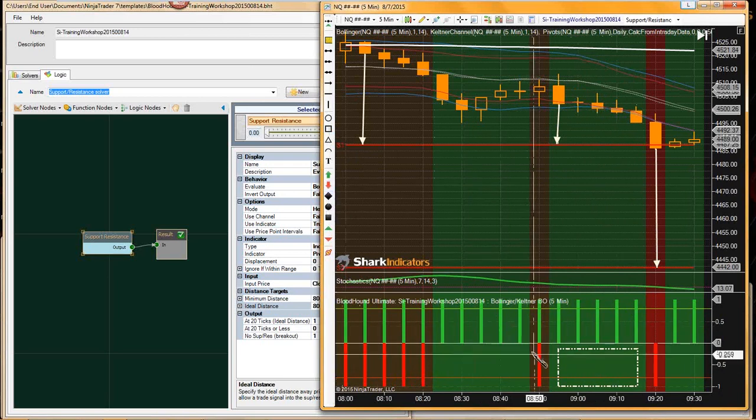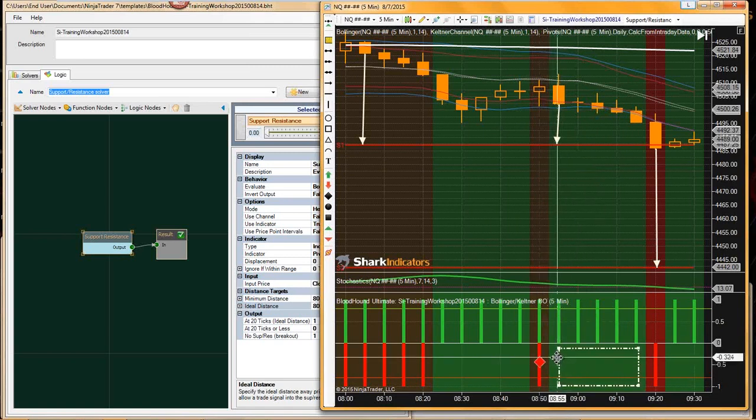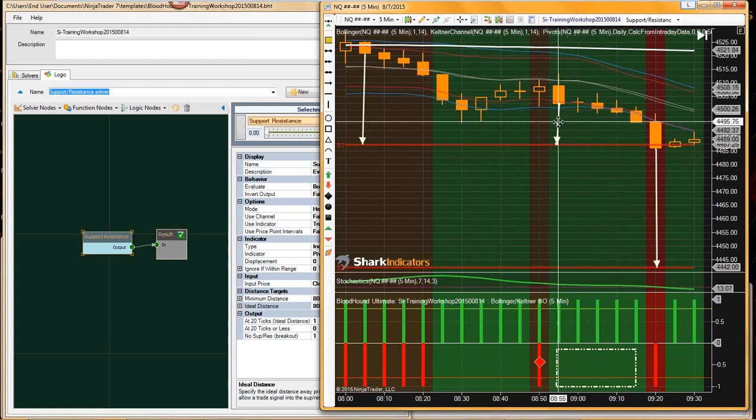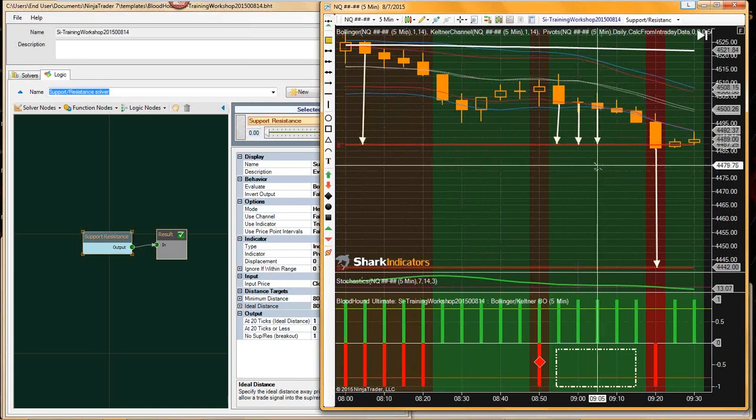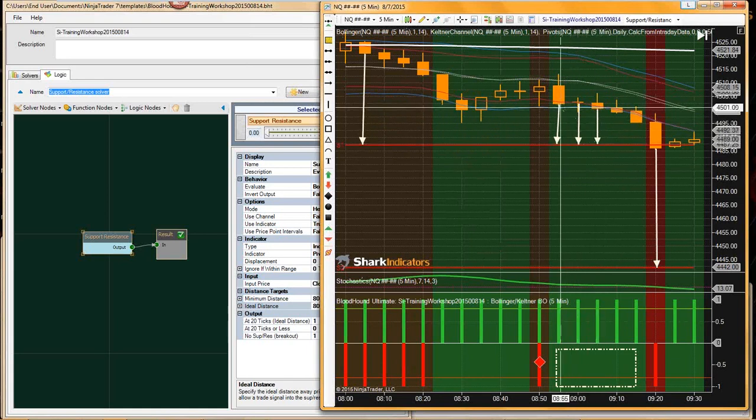And of course we do have a short output here on this bar. So the bars that have no short output, what that's saying is that this distance here, this distance that I'm drawing with all these arrows, is less than 80 ticks. In other words, we're too close to our support line to take a trade. We're less than 80 ticks away.